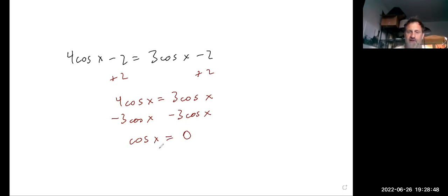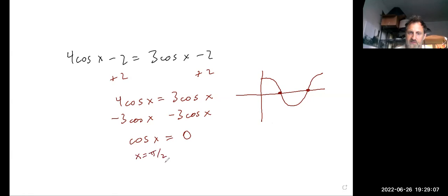Now I've got to find out, when does cosine x equal 0? I like to think about this in terms of this function. It's going to happen here and here. From the unit circle perspective, we're talking about x equals pi halves and x equals 3 pi halves.